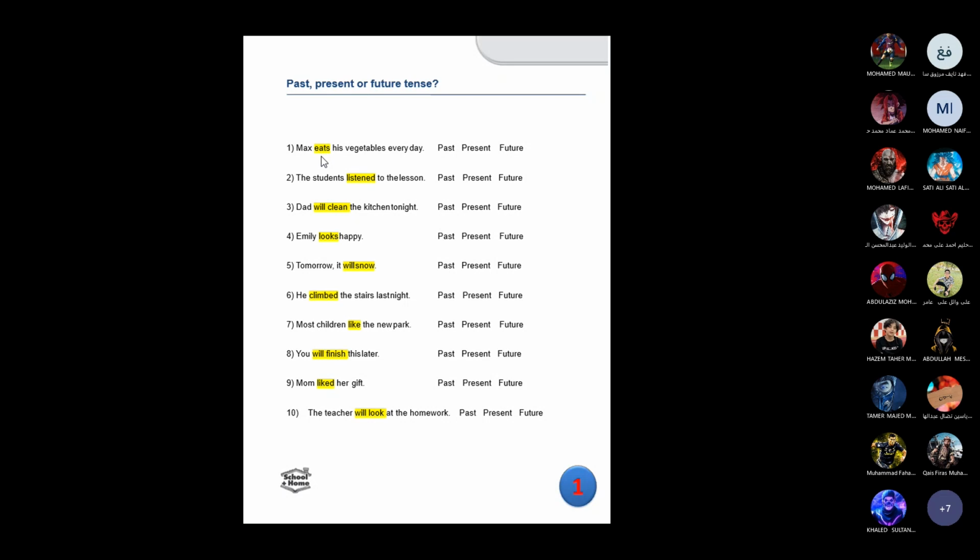The verb eats has s at the end, and that s refers to the present. So you have 2 ways to know the present form in sentence 1. Number 1, you have s, and that refers to the present. Number 2, you have every day, and that expression of time refers to the present too. So that's why I know the sentence is present. Okay, excellent, Ali, thanks.